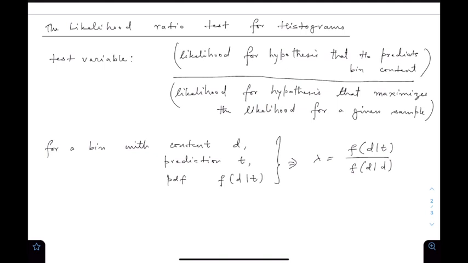But if we change to log likelihoods and use it as a test statistic, we can instead have sums instead of products.